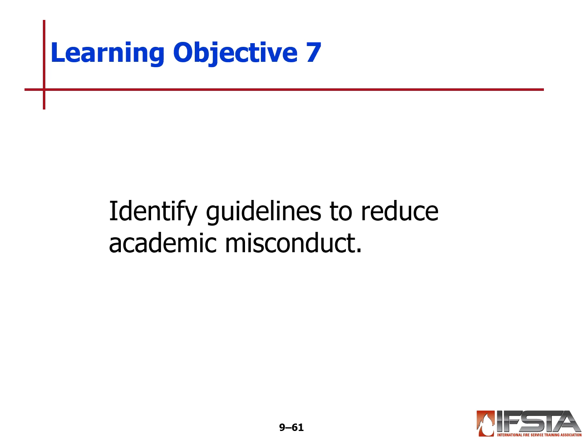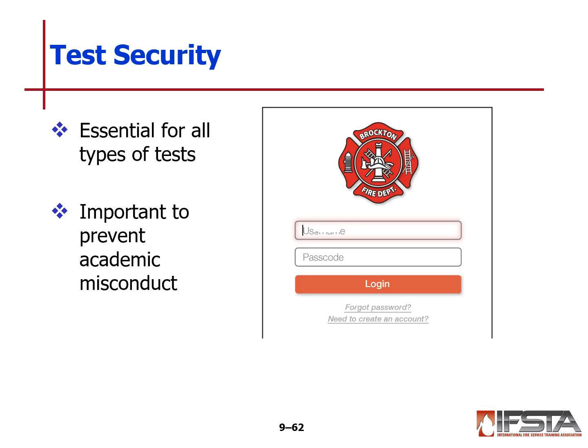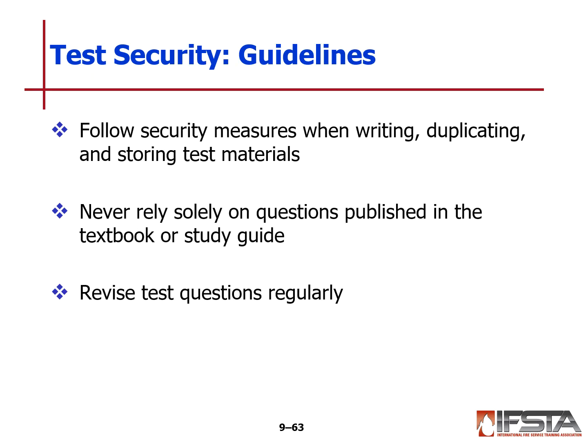Learning Objective 7. Identify guidelines to reduce academic misconduct. Test security is essential for all types of tests, and it is important to prevent academic misconduct. Guidelines for test security include following security measures when writing, duplicating, and storing test materials.